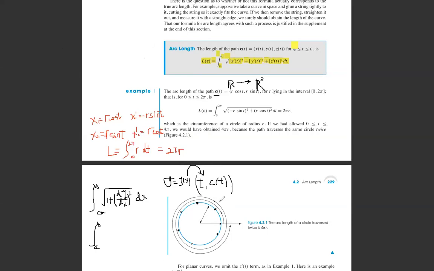Then, when you take the derivative with regard to t, it becomes 1 and f prime.